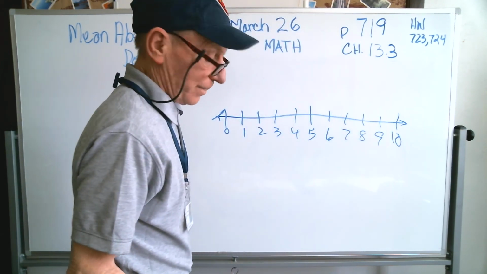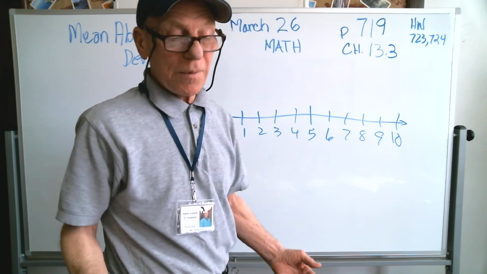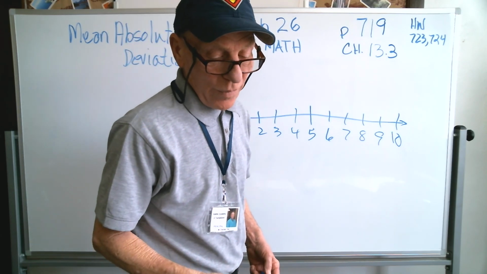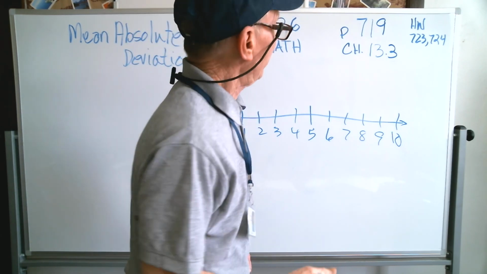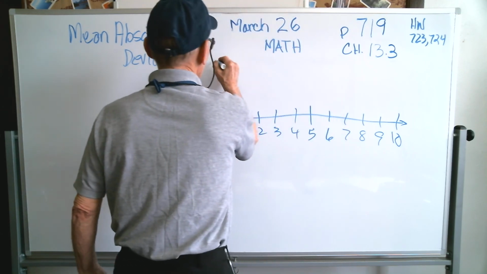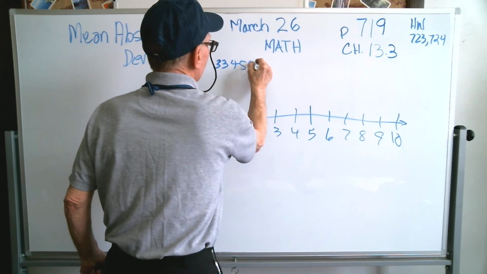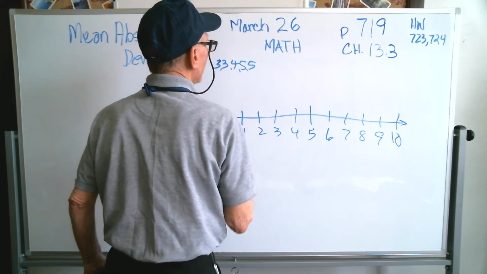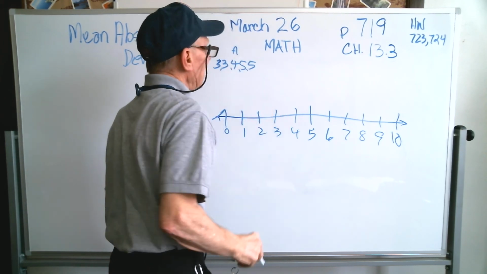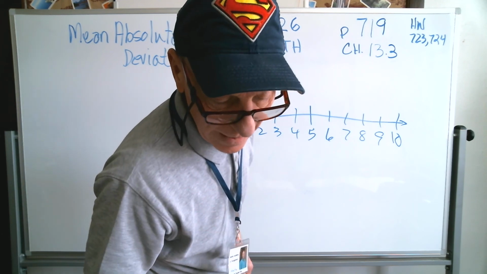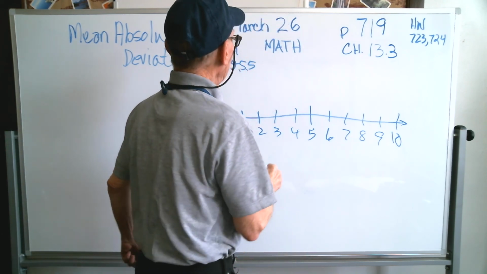Now, we've determined by looking at the data set, we have two sets. We've got 3, 3, 4, 5, 5 in one group. We'll call that A. And then B, we've got 0, 1, 4, 7, 8.